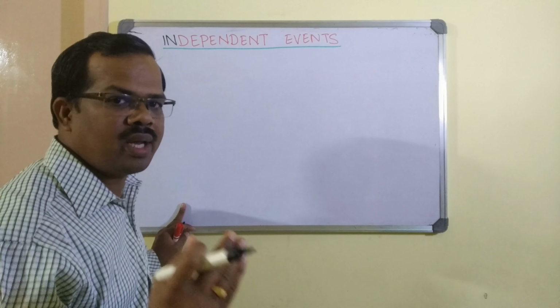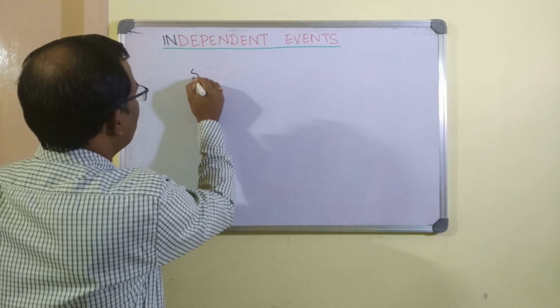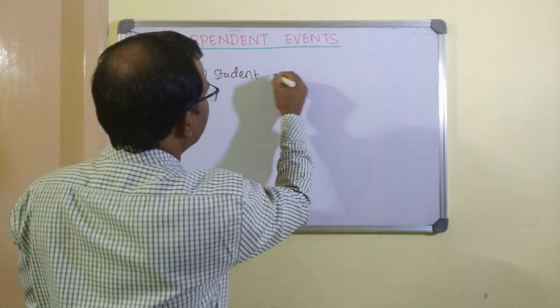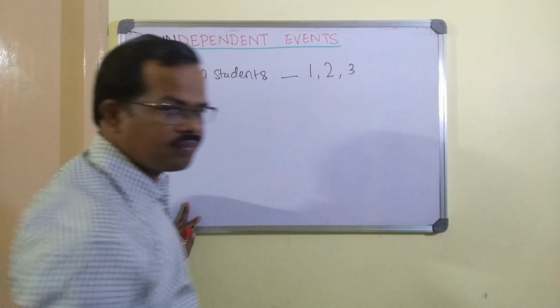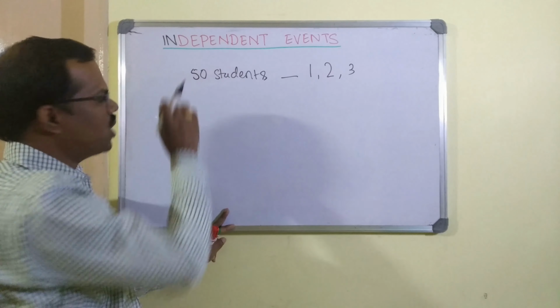For example, a race in the school. Let's say that in the class you have 50 students and you have to choose who will become the first, second and third. So you have to select the top 3 from the 50 students.